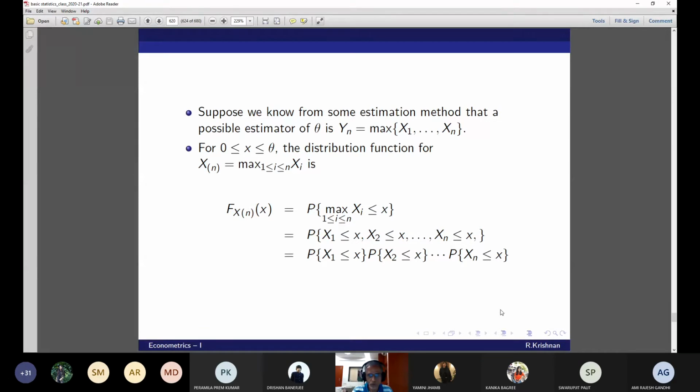So it will be the max of x1 to xn. For the next bullet point, for x between 0 and theta, the distribution function is x. You may wonder what this x(n) within brackets is. This is nothing but the order statistic.